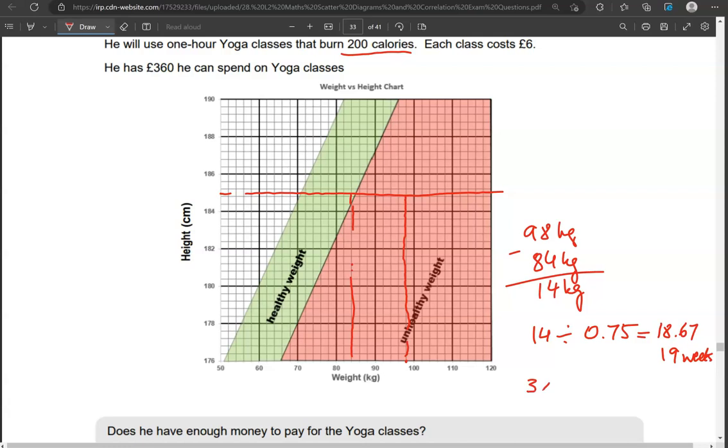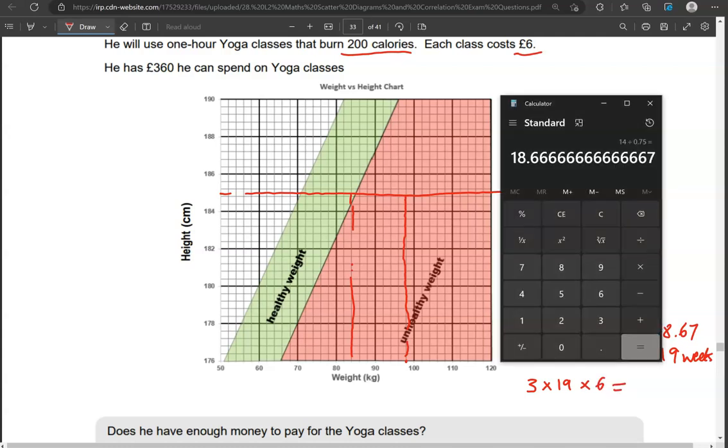So that's why 3 times 19 times £6 per class should give us the total cost, which is £342.